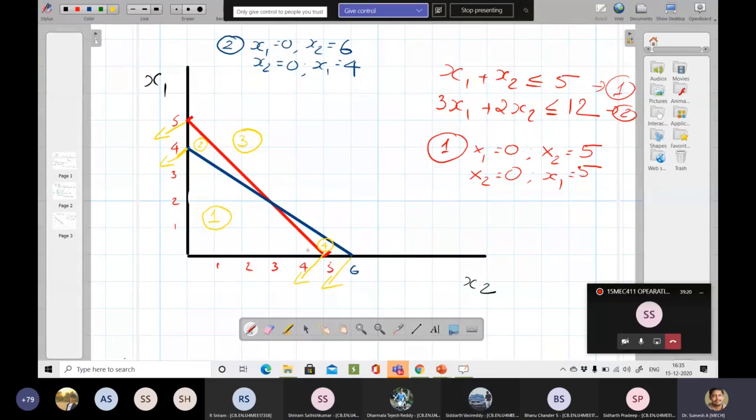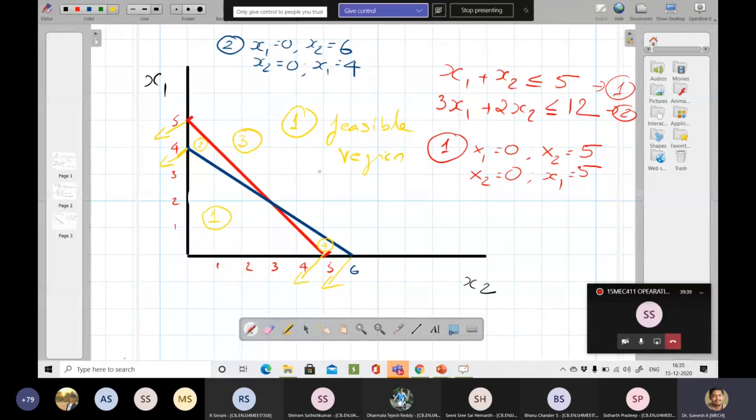Exactly right. So region number 1 is called the feasible region, and all the other regions 2, 3, 4 are infeasible regions.